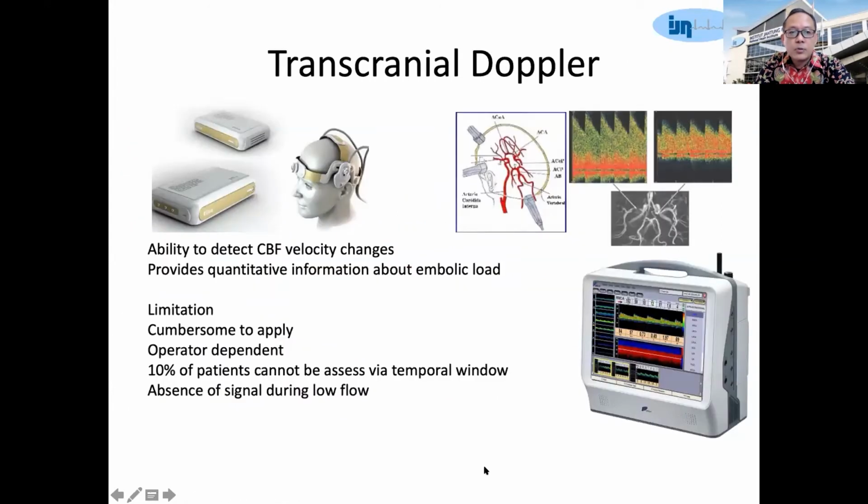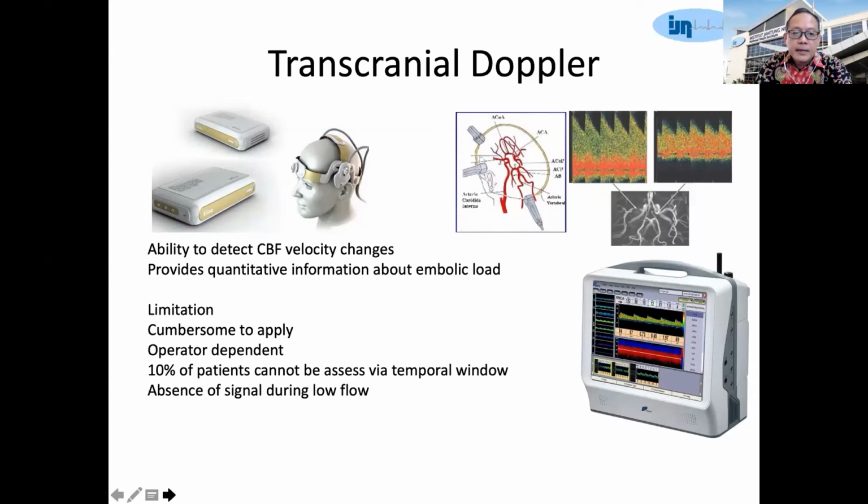Transcranial Doppler is a device that we can use in our operating theater. However, it has several limitations. It is a bit cumbersome to apply, very much operator dependent, and 10% of the time we cannot access the flow via the temporal window, and therefore there will be an absence of signal.